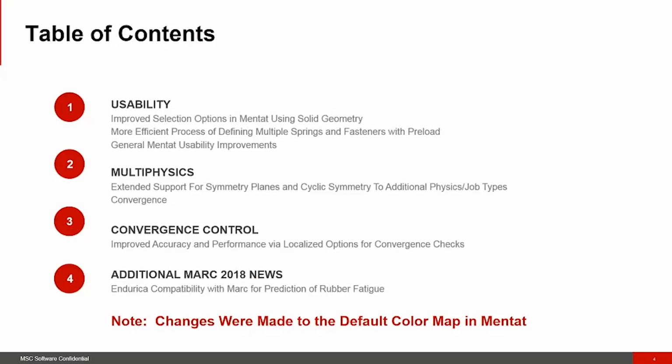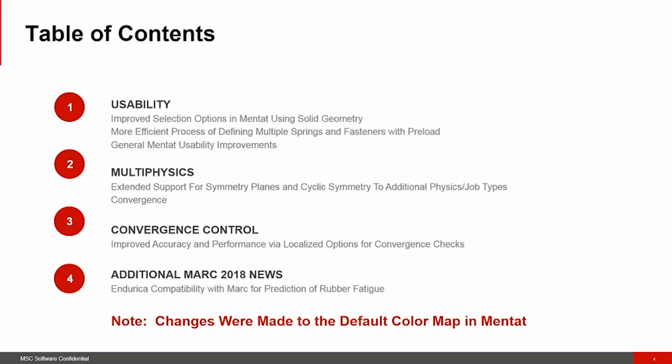And he will also talk about the convergence control options that have been added. The localized checks will provide more accurate models. Later, we will talk about some of the additional news for Marc 2018, especially for those of you who are interested in rubber fatigue analysis.